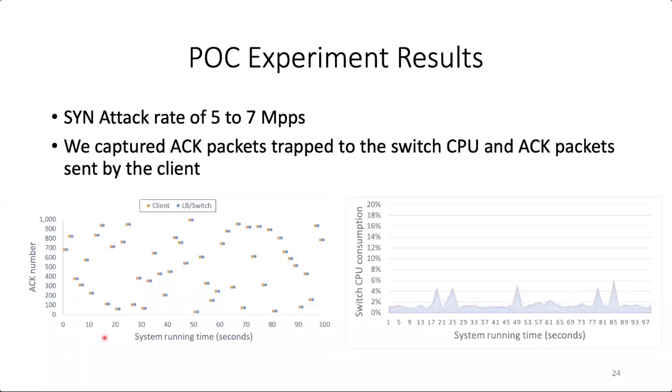We see that the switch only learned correct packets sent by the real clients. In the second graph, we see that the CPU usage throughout the system running time stayed very stable, even under the high attack rate of up to 7 megapackets per second.